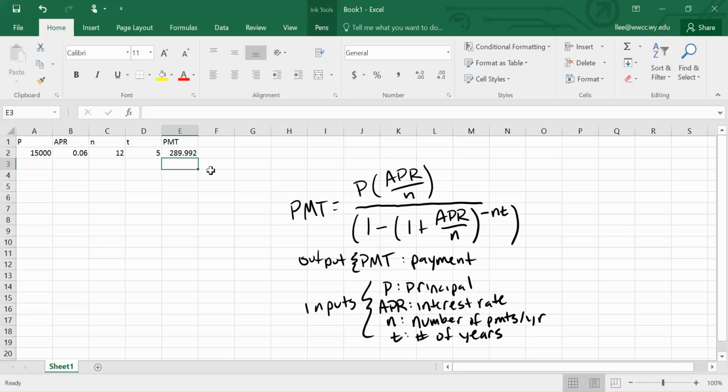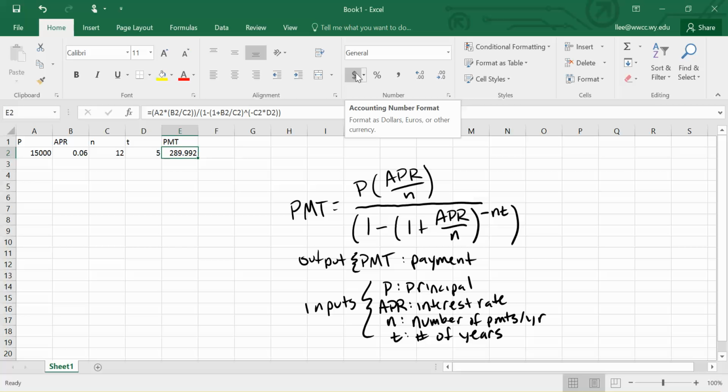Payment $289.992. Now, $289.99, and that 2 is negligible, right? So it's up to you. Oops, it'd help if I'm in the correct box. Now we could inspect that and call it $289.99.